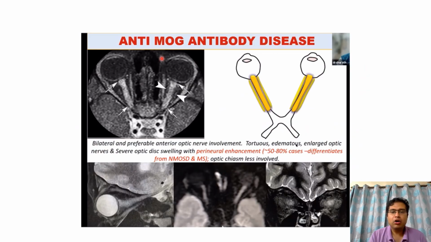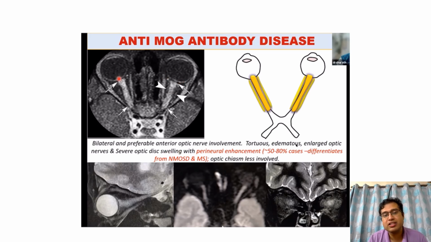Coming to the optic nerve involvement in MOGAD, it is typically bilateral, and preferably the retrobulbar region of the optic nerve is involved, and tortuous, edematous, enlarged optic nerves are seen with severe optic disc swelling and perineural enhancement.